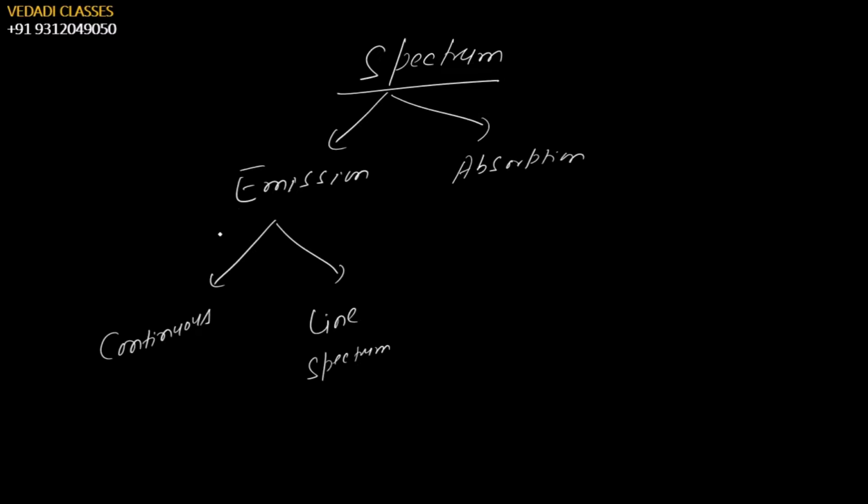Now, what is the emission spectrum? Emission spectrum is obtained when radiation from the source is directly analyzed by a spectroscope.